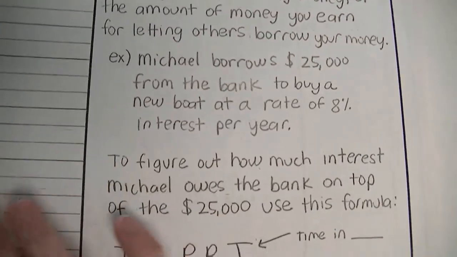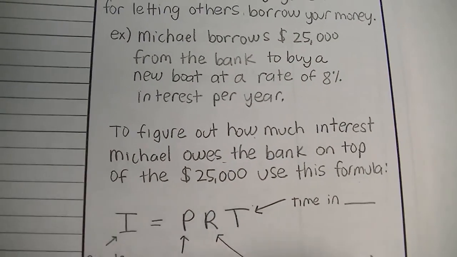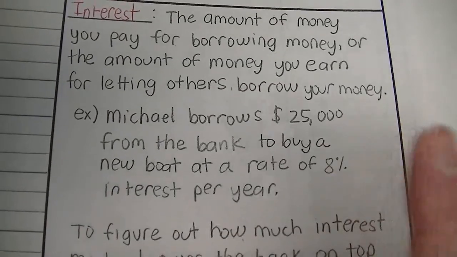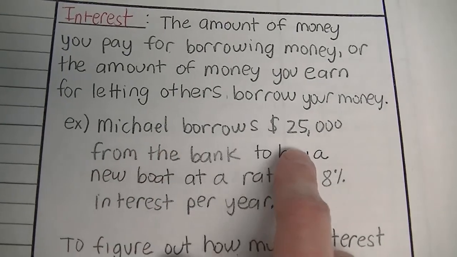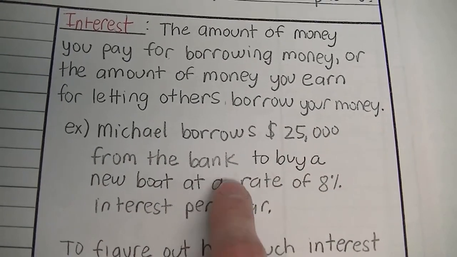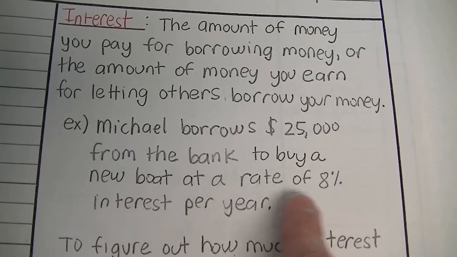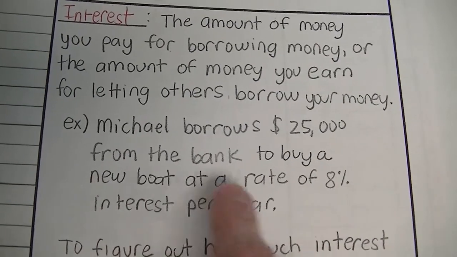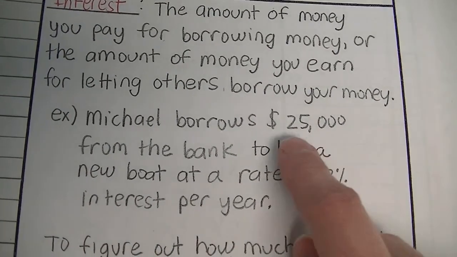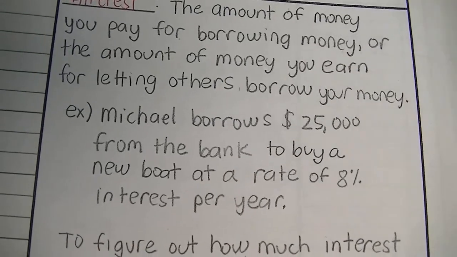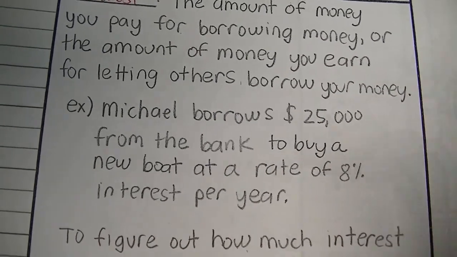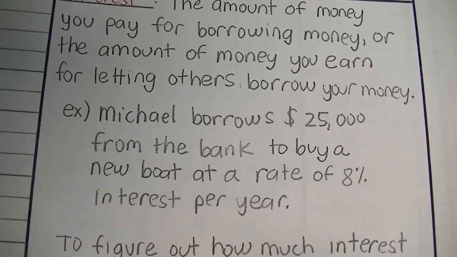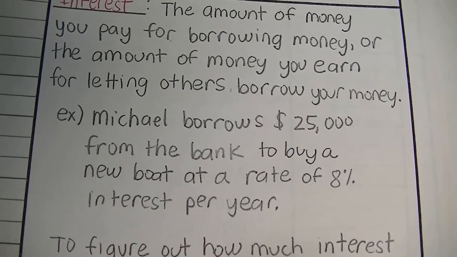Since it is a part of the 7th grade math standards, we've got notes on it. So here's an example. Michael borrows $25,000 from the bank to buy a new boat at a rate of 8% interest per year. So Michael wants to buy a boat. He doesn't have this much money to pay for it in full. So he's got to go to the bank and say, hey bank, I need to borrow $25,000.